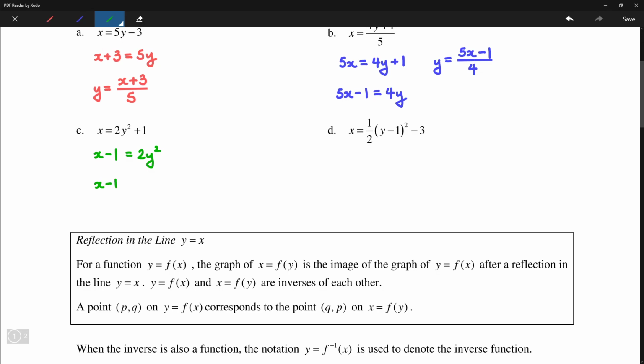So x minus 1 all over 2 is equal to y squared. And finally, we can square root both sides, so y is going to be equal to both the positive and negative square root of x minus 1 over 2.